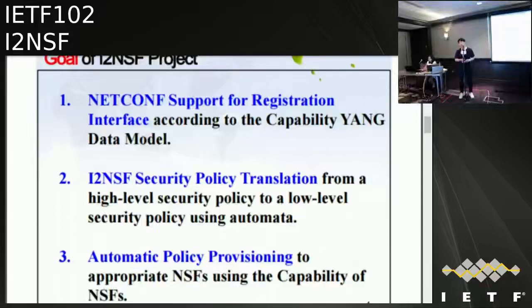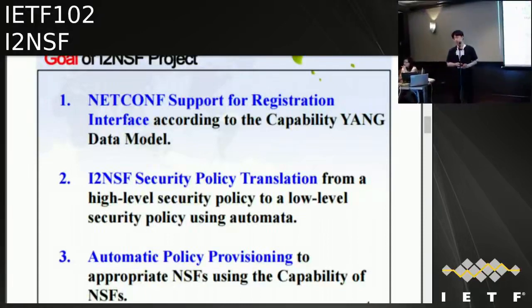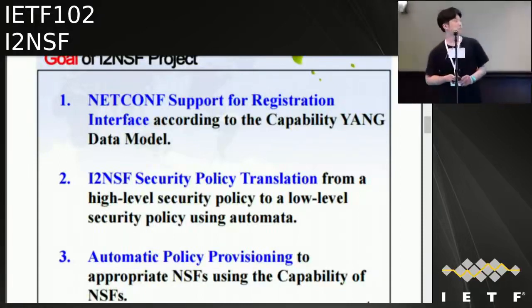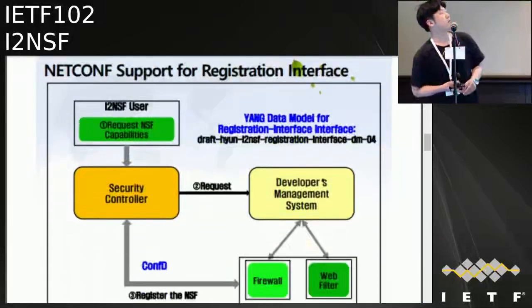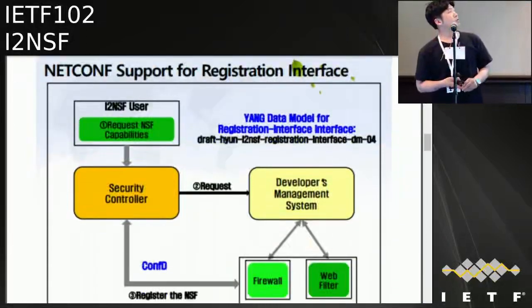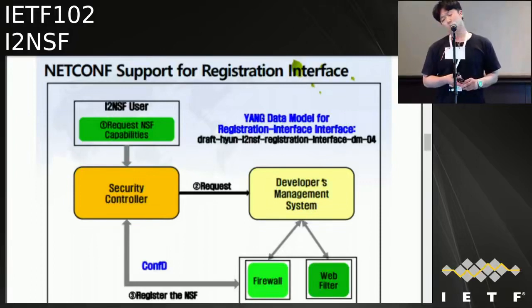In this hackathon, we implemented the registration interface, security policy translation, and automatic policy provisioning. First, the registration interface. The I2NSF user requests NSF capabilities from the security controller. The security controller translates the high-level policy into low-level policy.